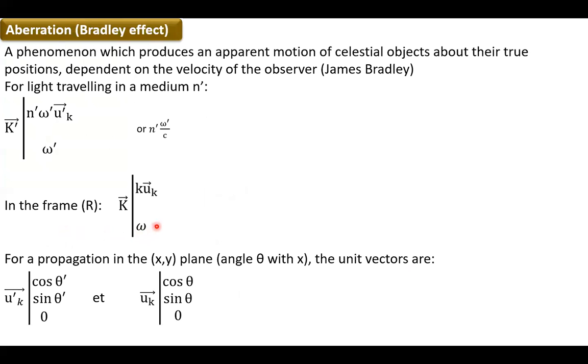A consequence of this 4-wave vector is the aberration, which is the change in the direction of propagation of light, or the apparent motion of sources of light with respect to their true position. It depends, of course, on the velocity or the speed of the observer or the speed of the source itself.